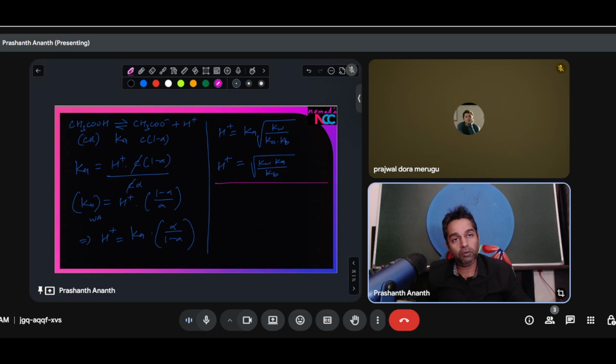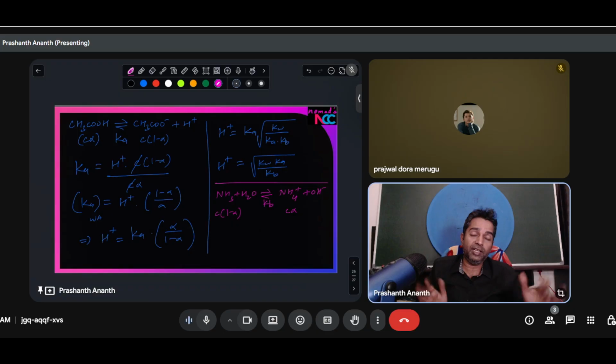How will that work out? It is the ammonium ion which is now in equilibrium. So NH3 plus H2O will have an equilibrium Kb, which is going to be NH4 plus and OH minus. This is going to be C alpha over here, because NH4 plus is C alpha here and NH3 is C into 1 minus alpha.